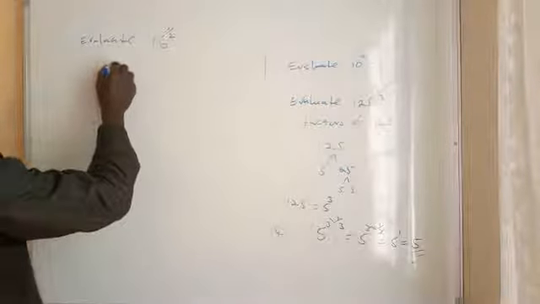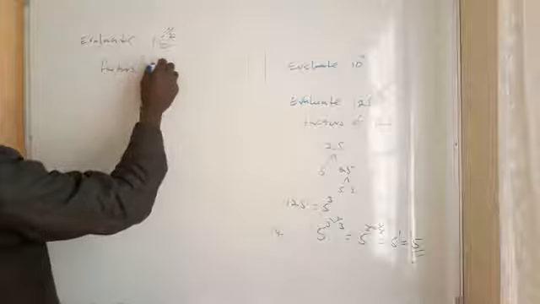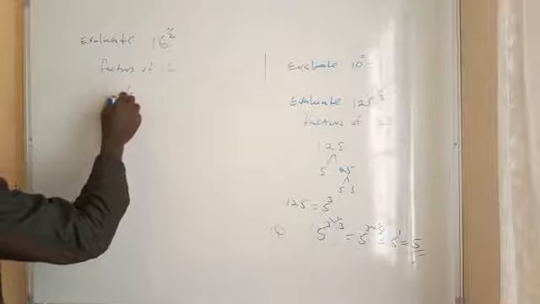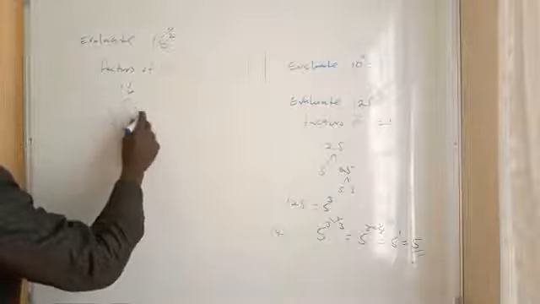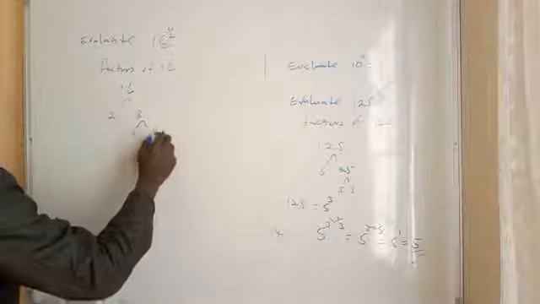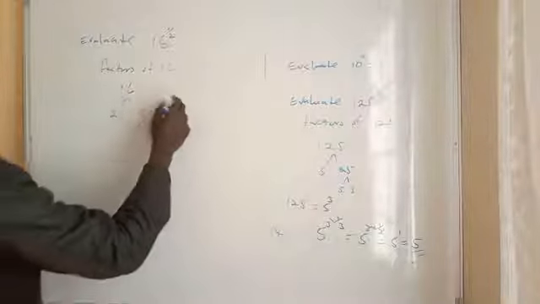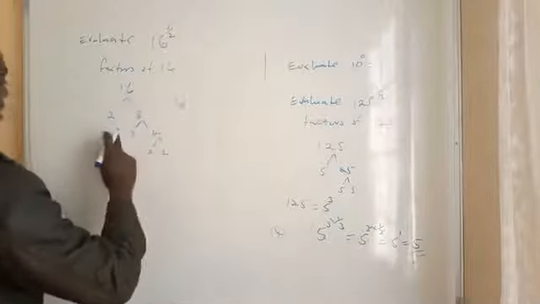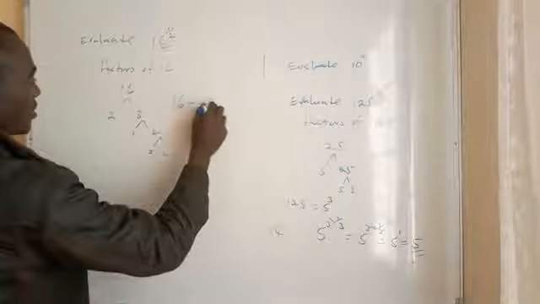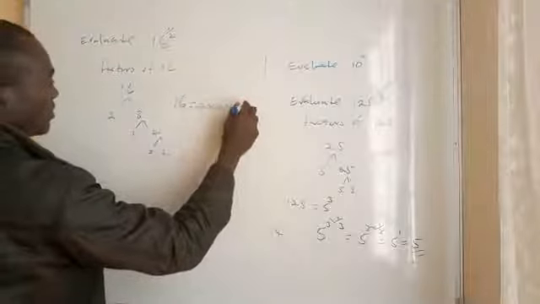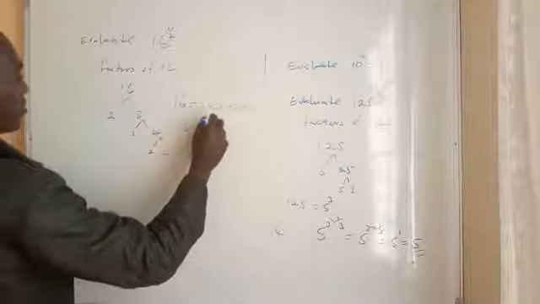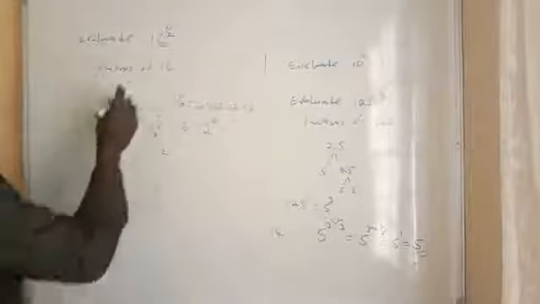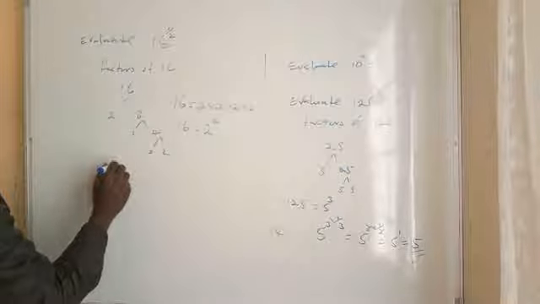Find the factors of 16. 16 divided by 2 is 8, divided by 2 is 4, then 2, then 2. So 16 is 2 times 2 times 2 times 2, which is the same as 2 power 4.